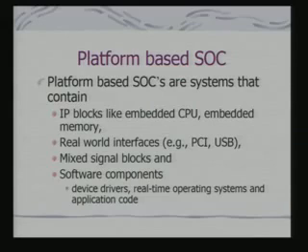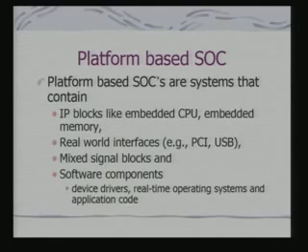So, platforms are not just the hardware. Okay? So, what we are talking about, a platform consists of IP blocks like embedded CPU, embedded memory, and when it comes in the form of a hardware, you may not know the details of it, but you can also use the layers and the features provided on the platform for developing the application.